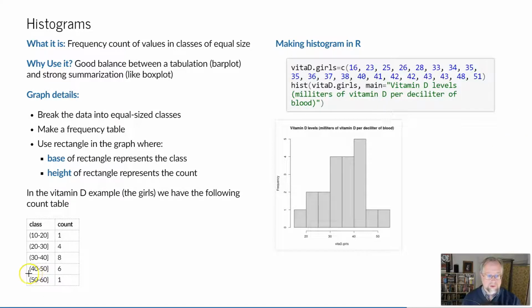So 40 to 50, there are 6, 50 to 60, there is 1. So 40, not including the 40, 1, 2, 3, 4, 5, 6, and then we have 1 from 50 to 60. Now R chooses its own breakdown points, and so you see it's actually going from 15 to 20, 20 to 25, 25 to 30, and so on. So the numbers look a little bit different here.